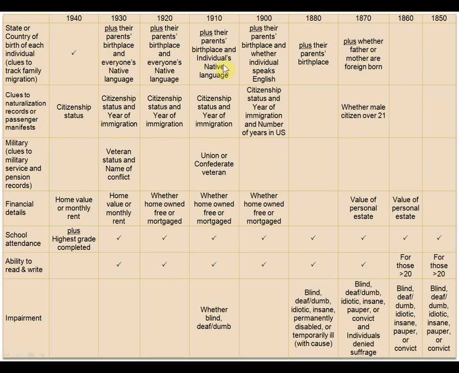The information about the parents' birthplace begins to be recorded in the 1880 census, though the 1870 census does indicate whether the father or mother are foreign born. Again, more financial details, school attendance, ability to write, impairments, additional information about the family.